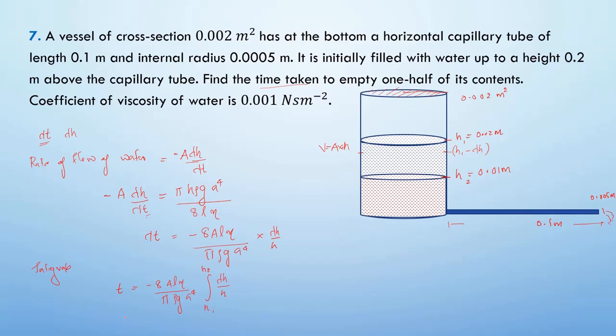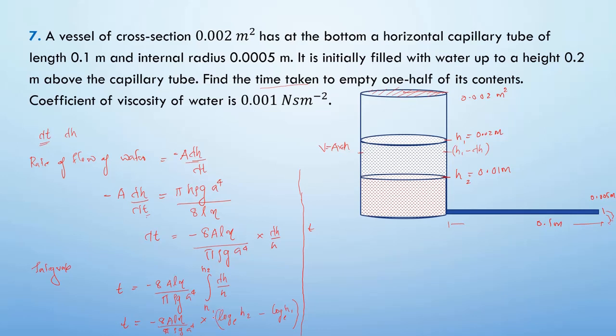So time taken, t will become minus 8aLη divided by πρg r to the power 4 into log to the base e, upper limit h2 minus log to the base e h1, or we can write it by taking minus inside.